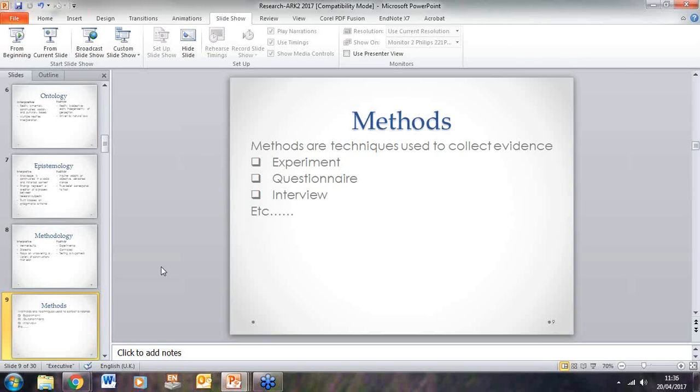We're not going to get information about somebody's perceptions or knowledge or experiences about something if we observe them. So we would need to either interview them, or we might do a questionnaire, or we might do a focus group. But you have to ensure that your method of data collection will answer and address the research aim. So if I want to test if this drug is better than that drug, I need to set up a properly focused experiment.